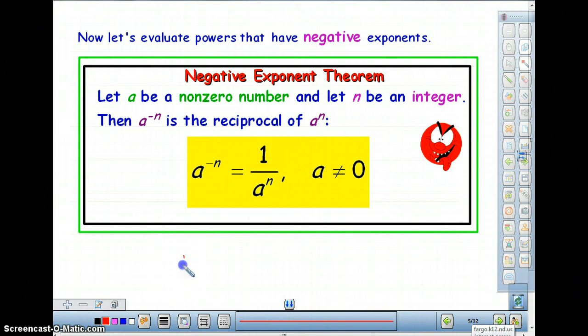So if I have 4 to the negative 2 exponent, and I want to change that into a positive exponent, I'm going to put 1 over 4, and then I'm going to make my exponent positive. So I'm going to go 1 over 4 squared, which is going to give me 1 over 16. So we turn that negative exponent into a fraction.